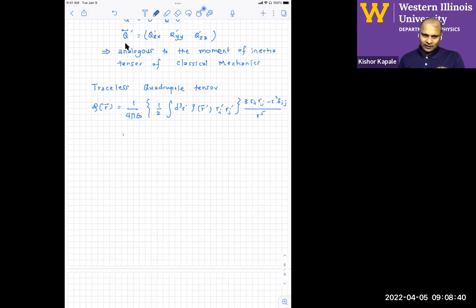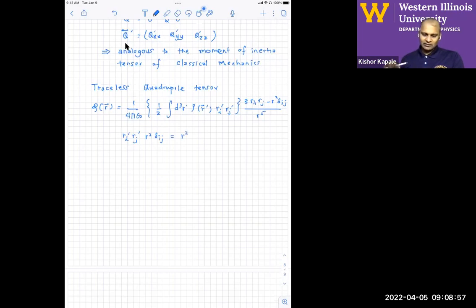So we can identify that ri prime, rj prime times r squared delta ij, which is now the second term, right? The negative term. This we can simplify. It's going to look like r squared.